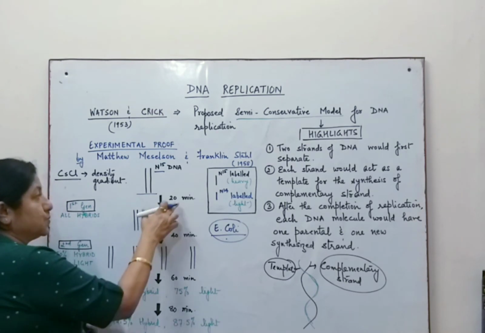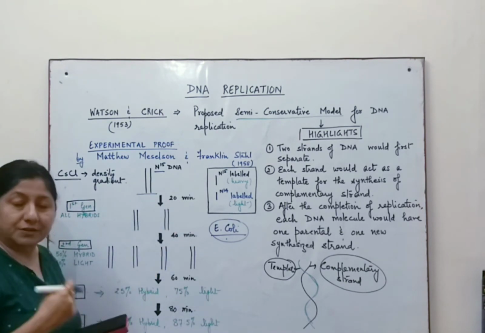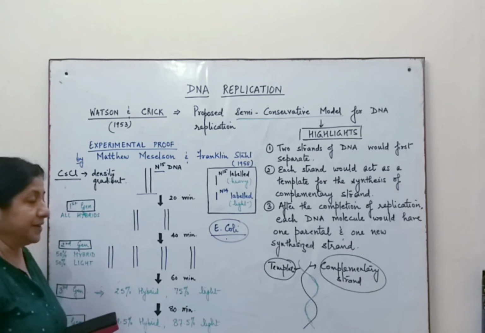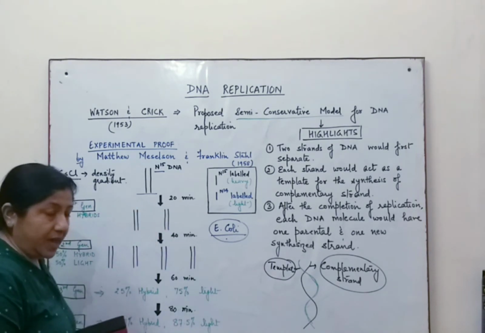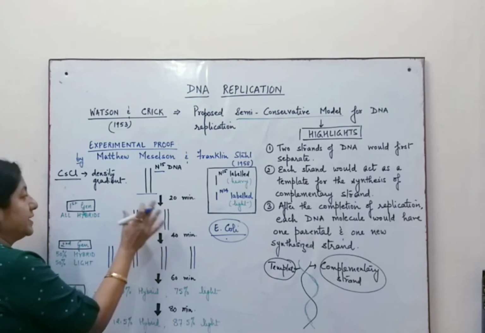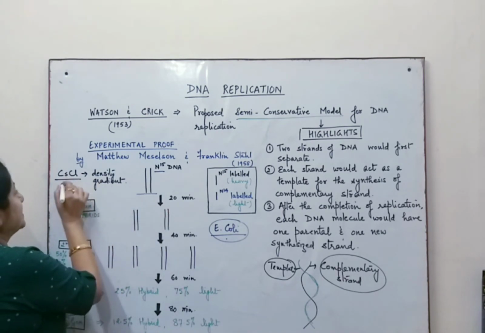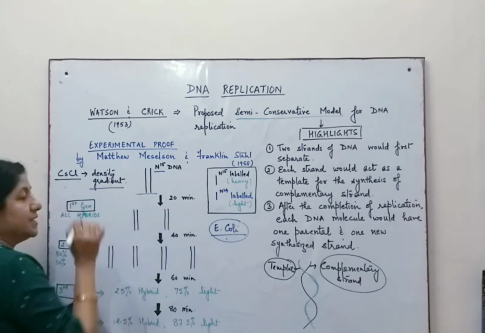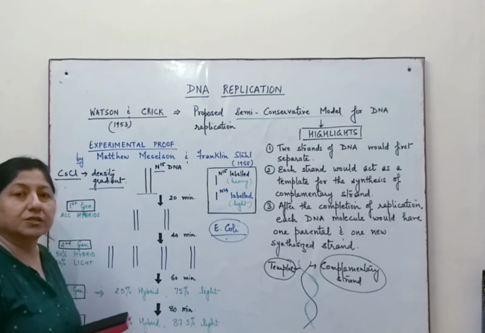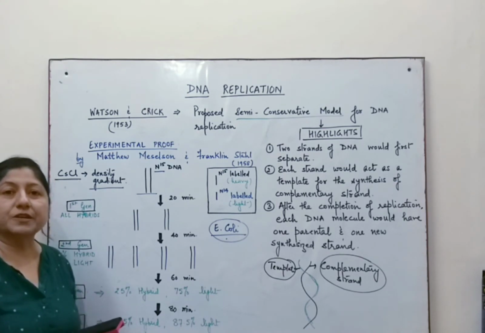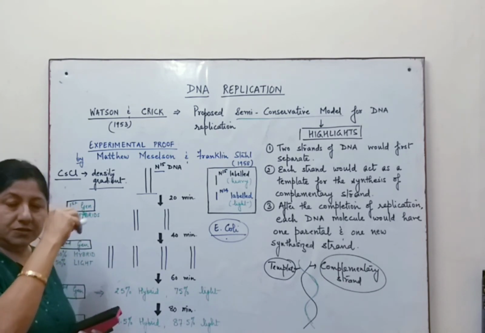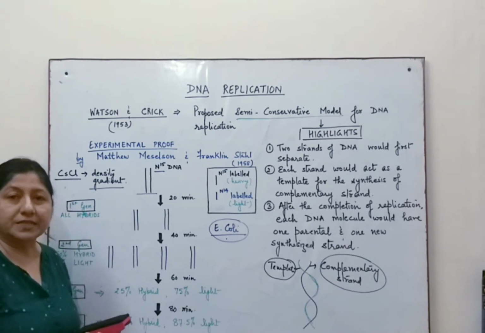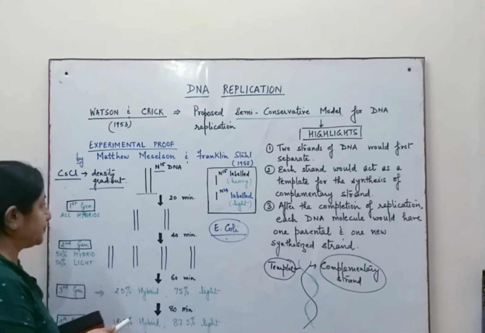After 20 minutes, when E. coli divided, the pattern was studied using cesium chloride as the density gradient. Cesium chloride is utilized because it clearly demarcates the densities, and the separation of the densities takes place after centrifugation.